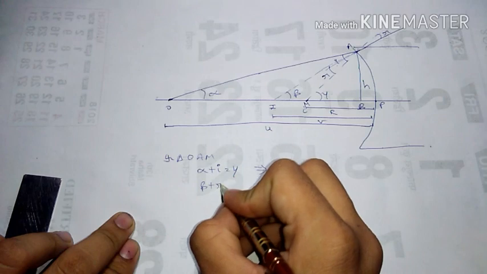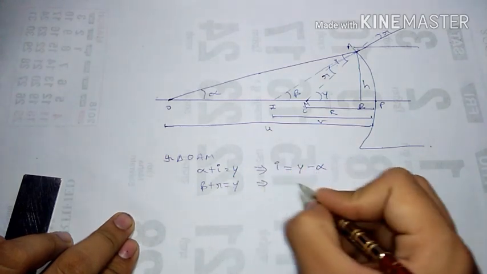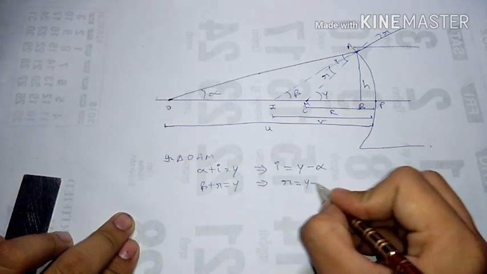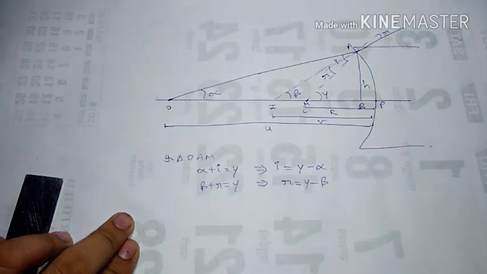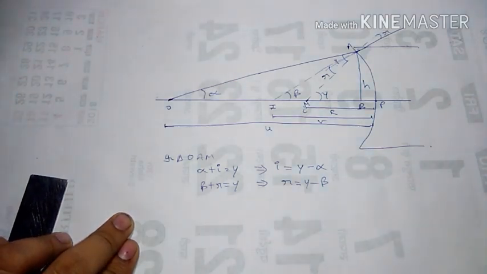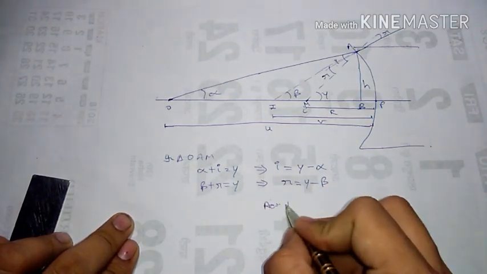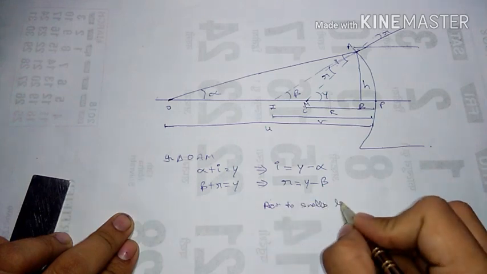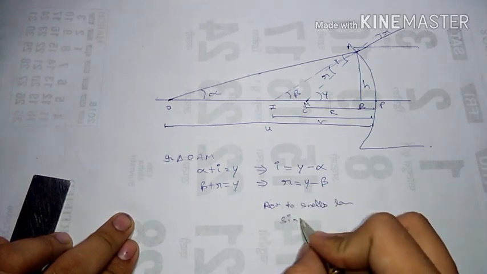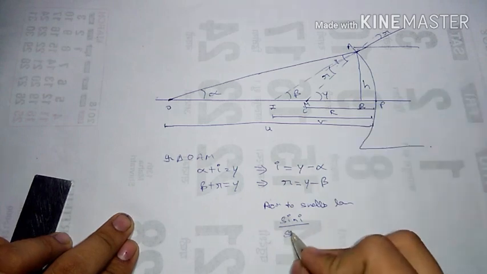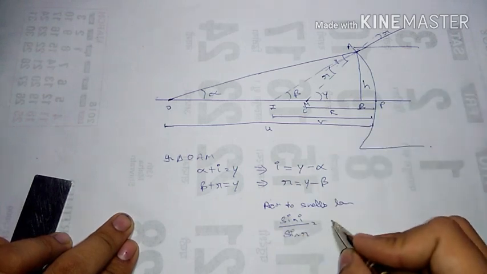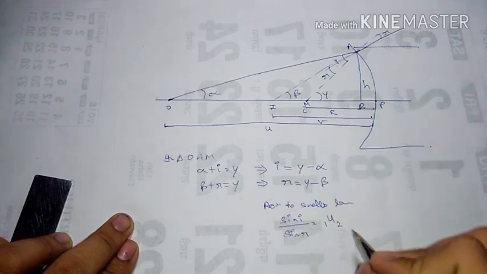So alpha plus i is equal to gamma. From here, i is equal to gamma minus alpha. Now in triangle IAM, beta plus r will be equal to gamma. So from here, r is equal to gamma minus beta.